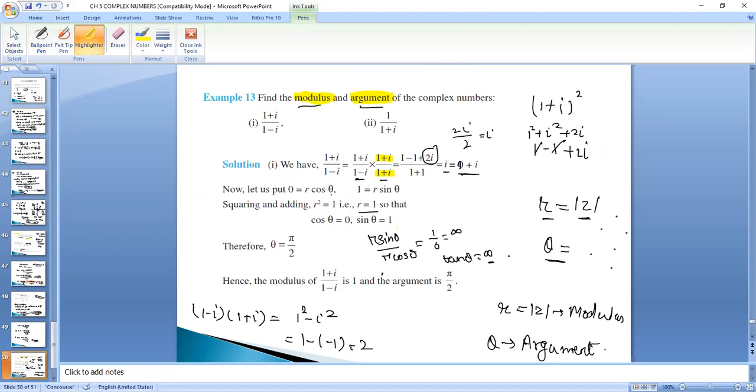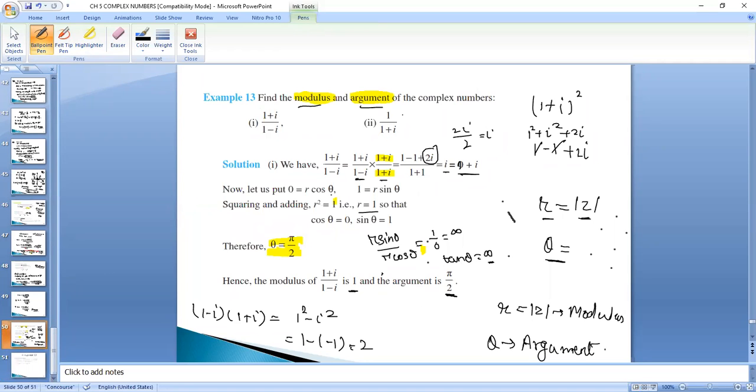So this is given to you in the answer that theta is equals to 90 degree. Pi by 2 means 180 upon 2 is equals to 90 degree. So this is how to find the modulus and argument. So modulus is 1 and argument is pi by 2, right?